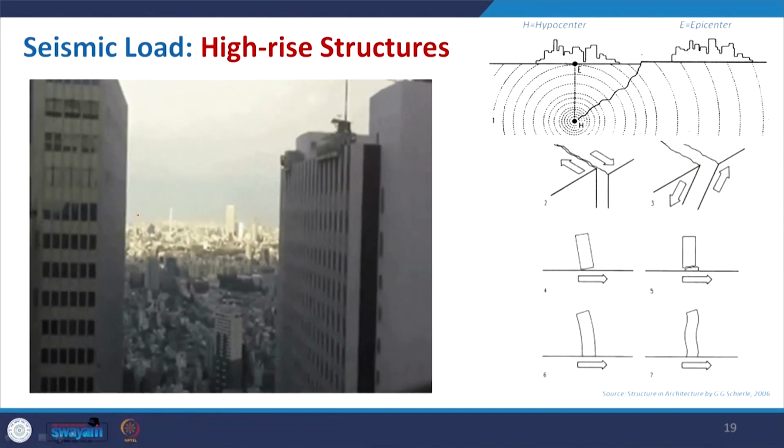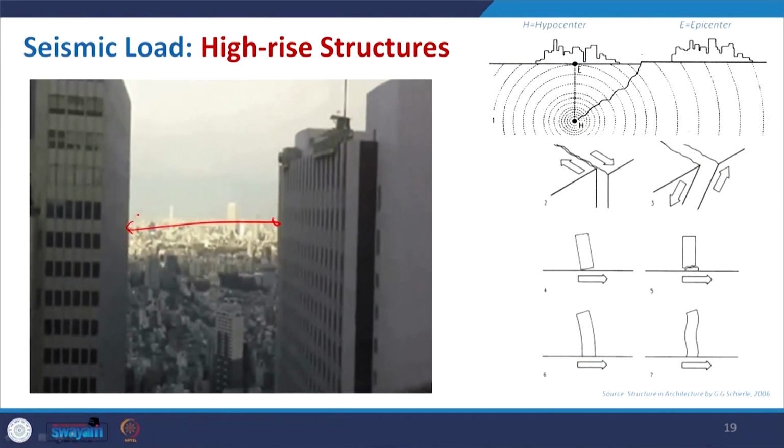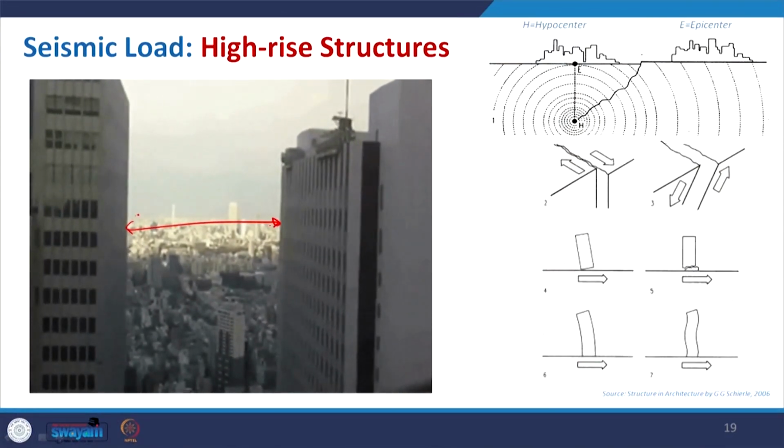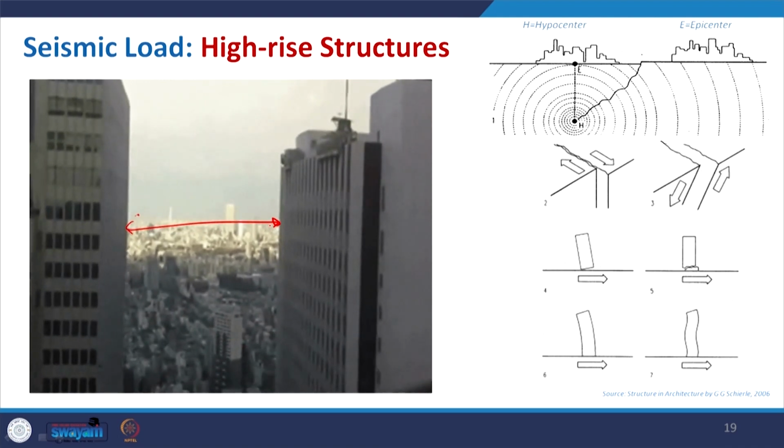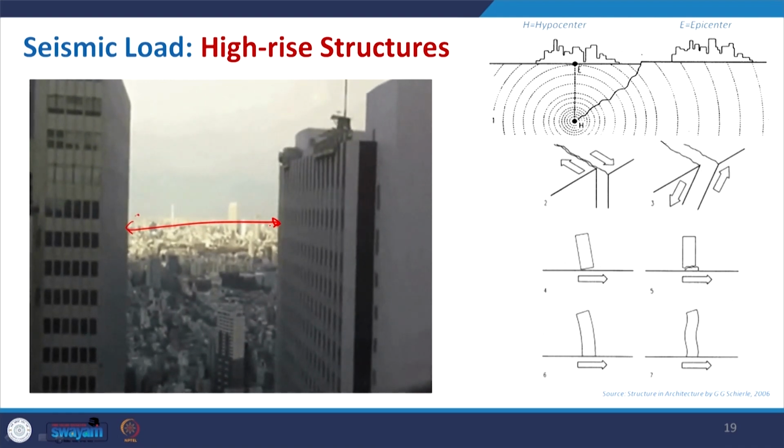Now, in this picture, you can see how these two buildings actually sway relative to each other. You can see that I have fixed that line, and then how it is moving from each other.